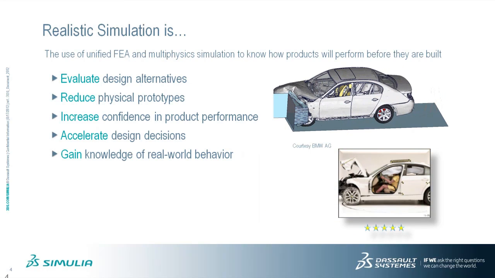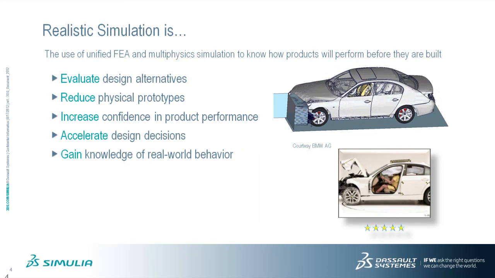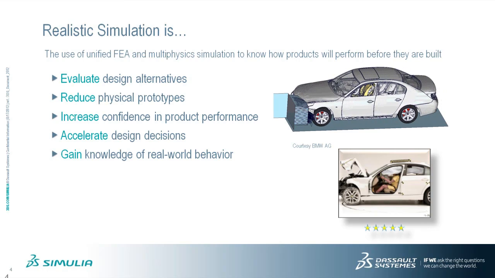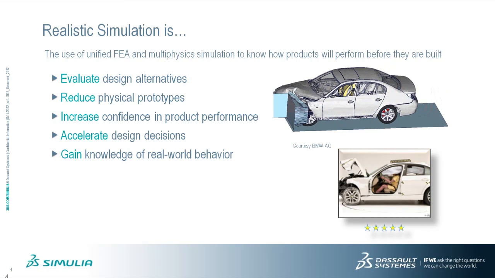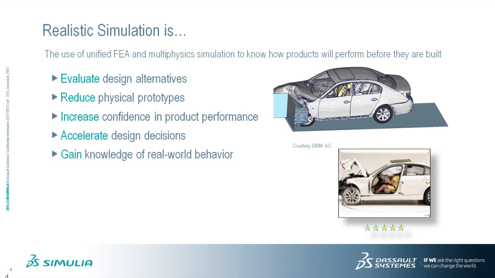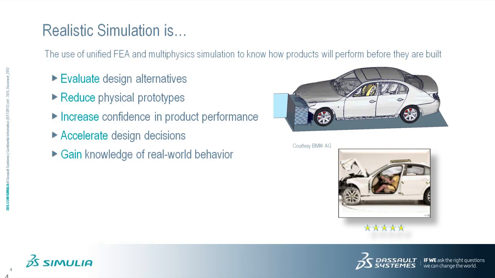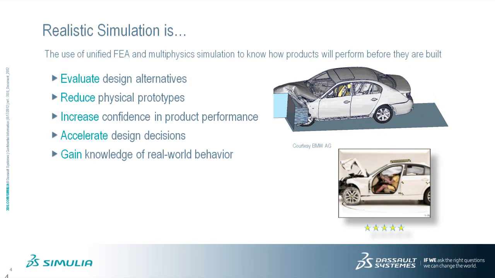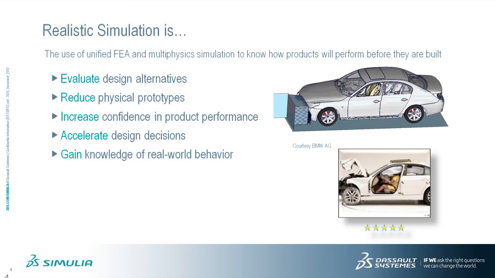Realistic simulation is the use of finite element analysis and multiphysics simulation to know how products will perform before they are built. It allows you to evaluate design alternatives, reduce the number of physical prototypes, increase the confidence in product performance, accelerate design decisions, and gain knowledge of real-world behavior.